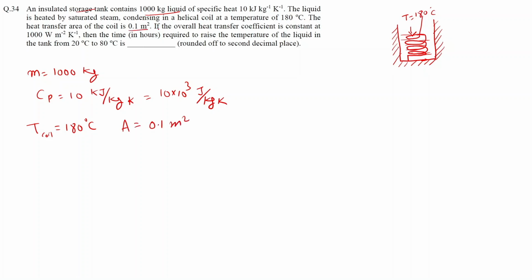The overall heat transfer coefficient is kept constant. U is 1000 watt per meter square Kelvin. Then the time required to raise the temperature of liquid in the tank. So my T initial is 20 degrees Celsius and T final is 80 degrees Celsius.